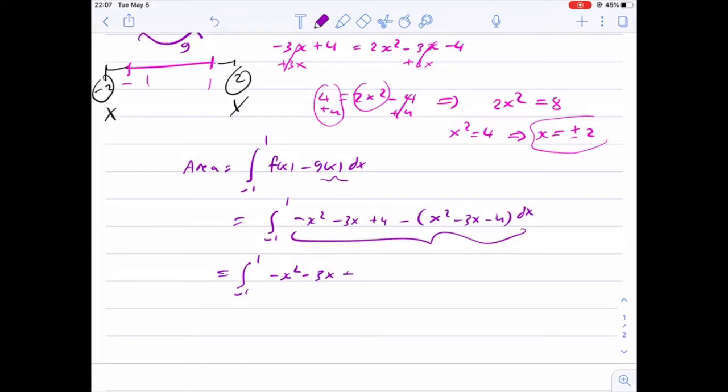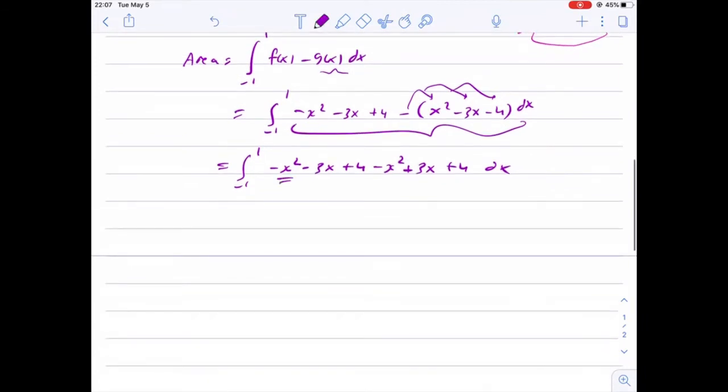We have negative x squared minus 3x plus 4, and then we distribute the negative sign to this expression: negative x squared plus 3x plus 4 dx. Now we have negative x squared, negative x squared, that's negative 2x squared. Negative 3x plus 3x, that's 0. 4 plus 4 is 8, dx.